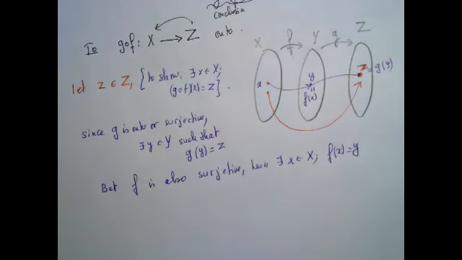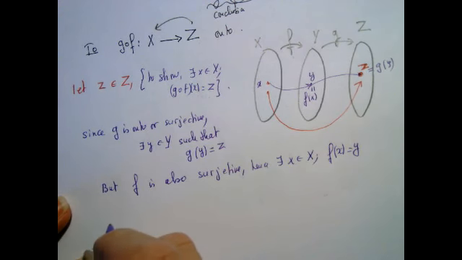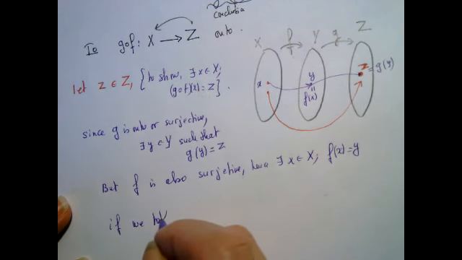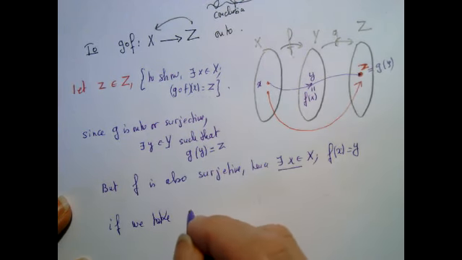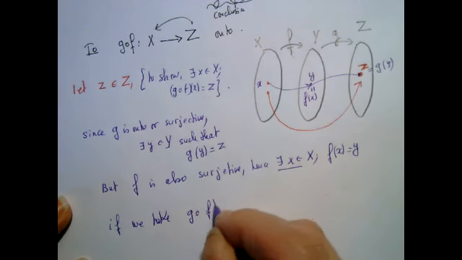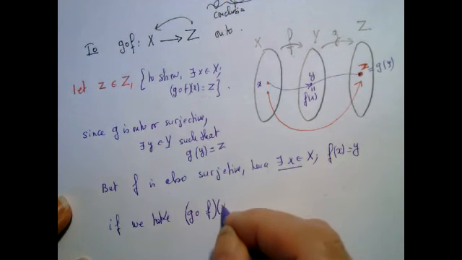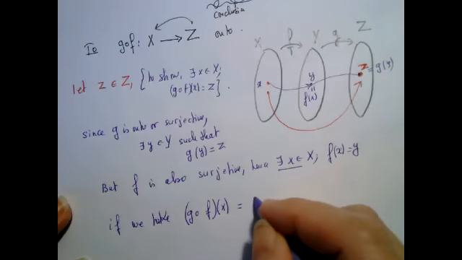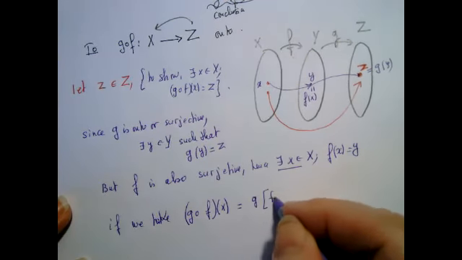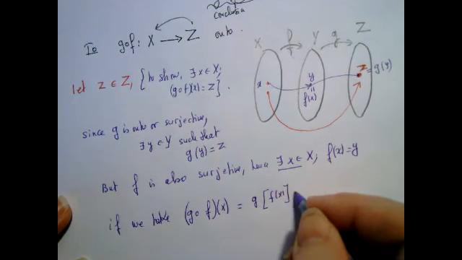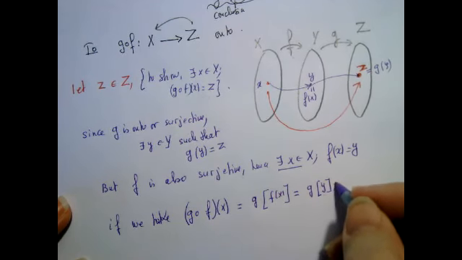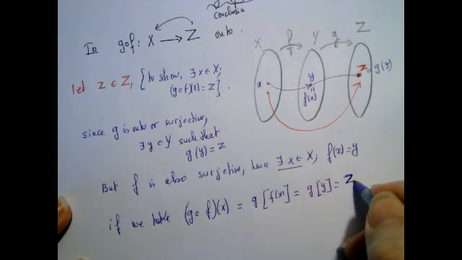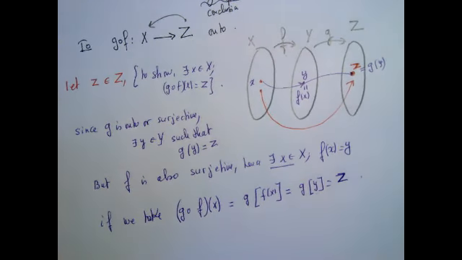But now the definition of composition. Now if we look at this, this is my X in here. If I take G composed with F of X, it's equal to G of F of X. It means G of y, which is equal to Z. I will put the whole thing together.